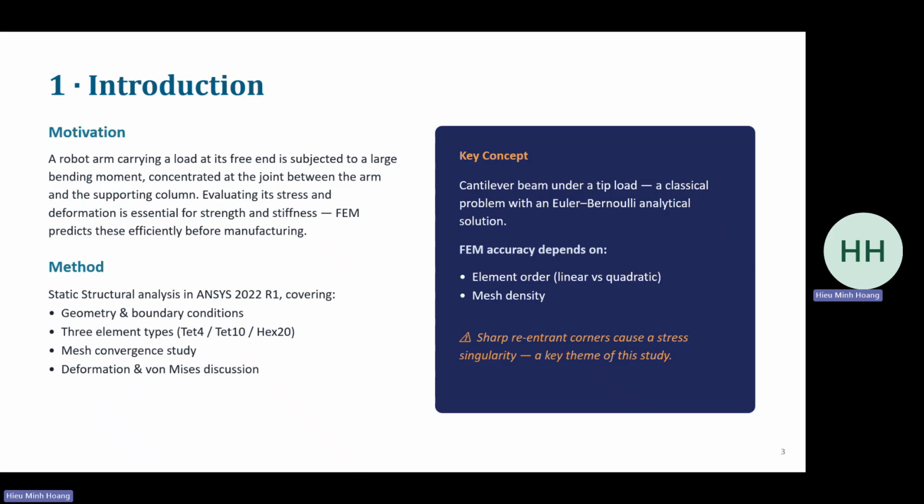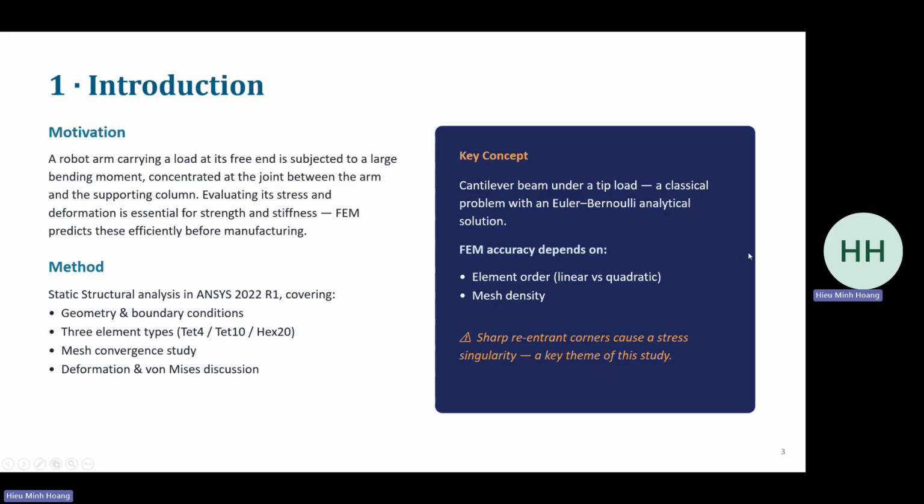This is a classic problem: a cantilever beam under a tip load. The accuracy depends on two things, the element order and the mesh density. One important point, the sharp corner at the joint causes a stress singularity. This is a key theme of my study.